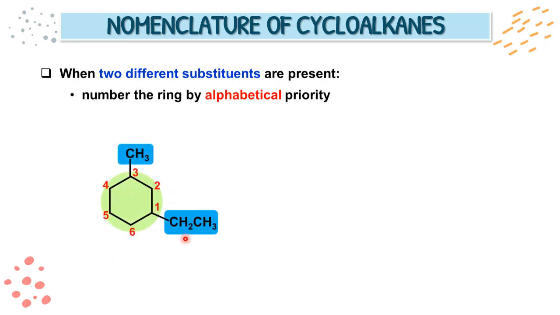I have a cyclohexane, but with two different substituents: methyl, and over here ethyl. We number the ring based on alphabetical order. E comes first and then M, so we put number 1 at E. Automatically, ethyl is number 1.